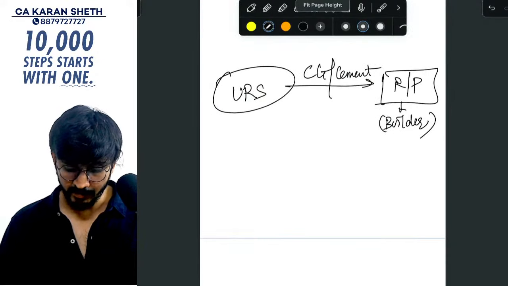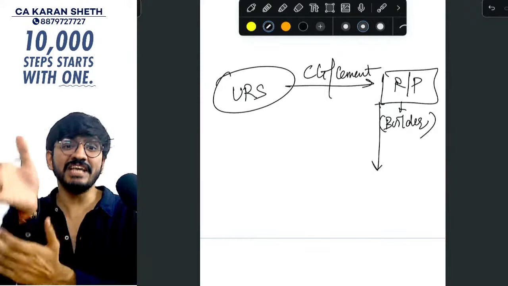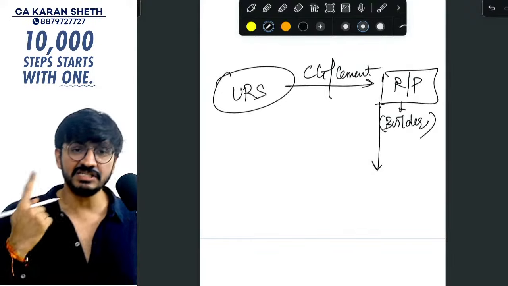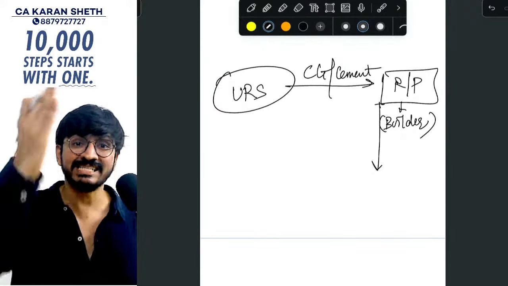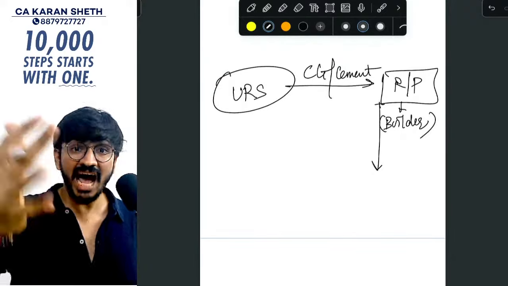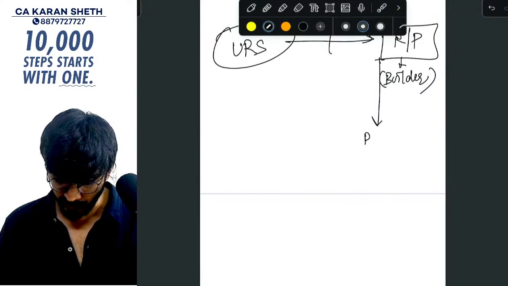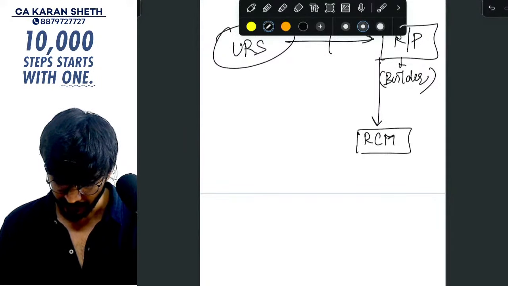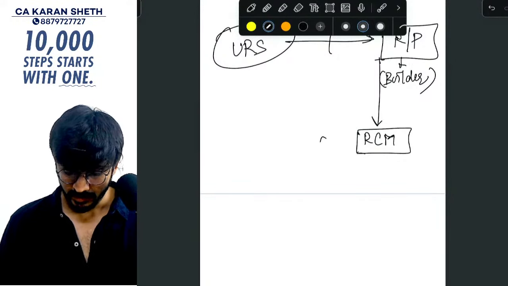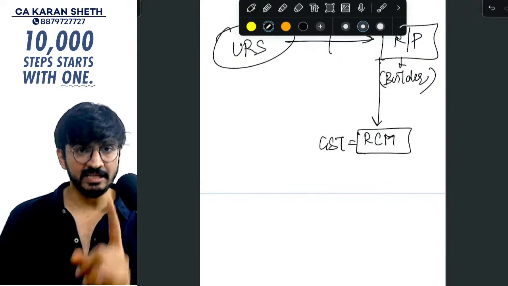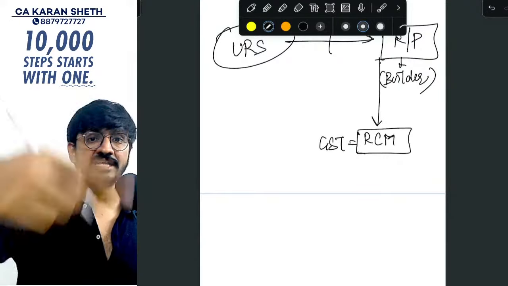Then in that case, the government says, supplier is unregistered, recipient is registered, 9(4) applies. Tax will be payable as per RCM. Got it? So first you pay tax as per RCM, and you will also not get ITC for the same.